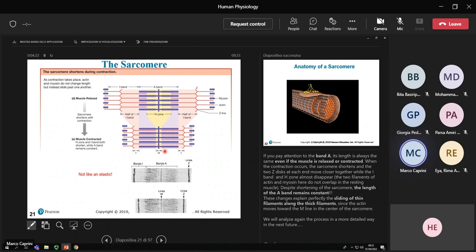The two filaments of actin and myosin overlap, and the muscle contraction can occur.